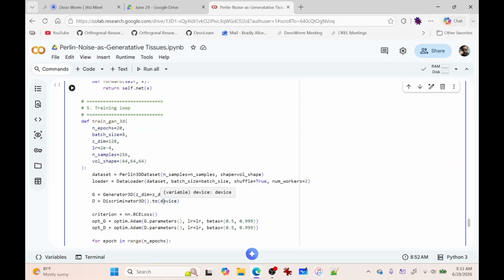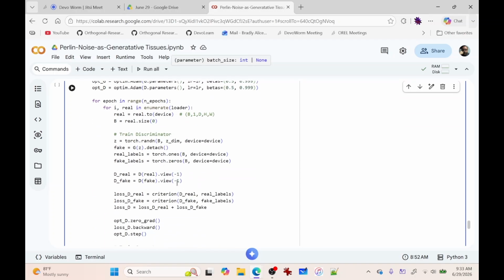And then we're presenting adversarial examples, and we're training our model on it. So the generator is generating adversarial examples as well as regular Perlin noise, and the discriminator is trying to find the correct Perlin noise. Basically, that's what's happening.